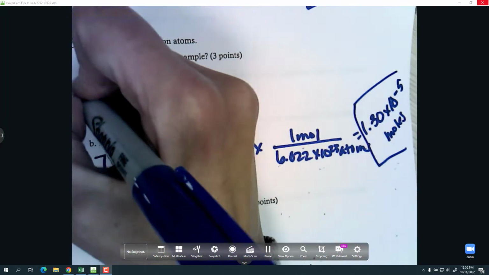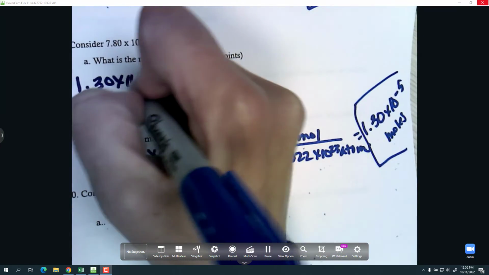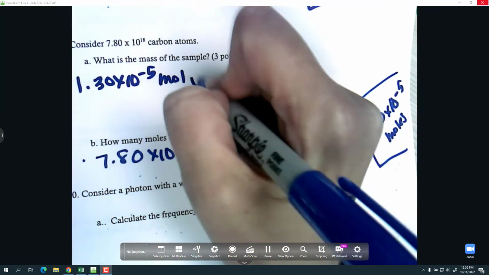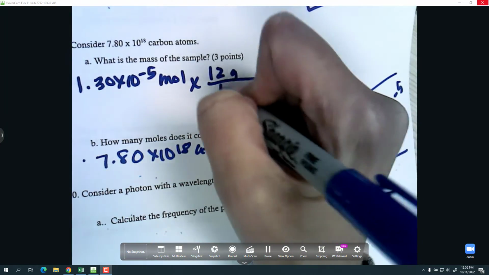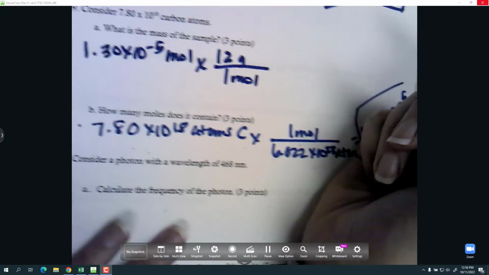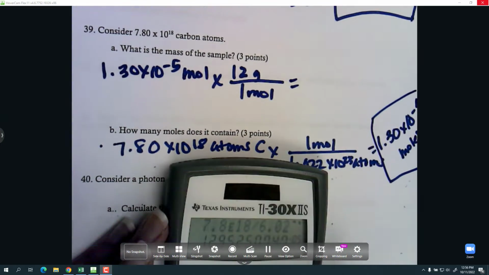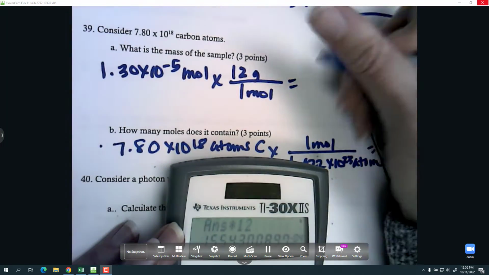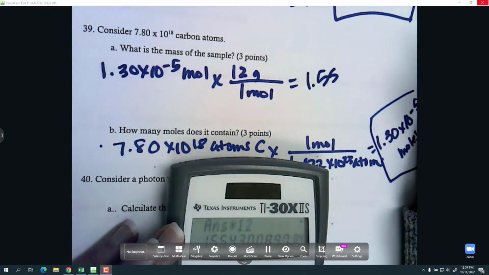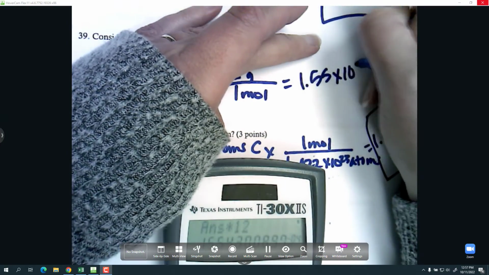And then that is what I can start up here with. The molar mass times the moles, .55.